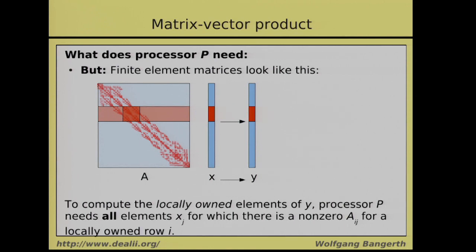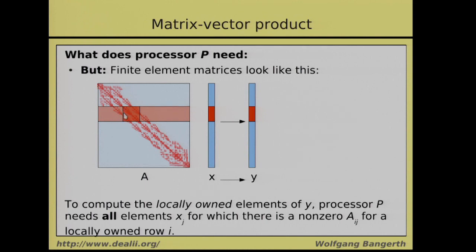So what I want to illustrate with this is that in reality, processor P, in order to compute the dot product of the rows that it owns with the vector, does not need to know the whole vector, but it really only needs to know those elements that correspond to columns that are non-zero in its own block. Okay? And so that's the union of columns in the rows that it owns.